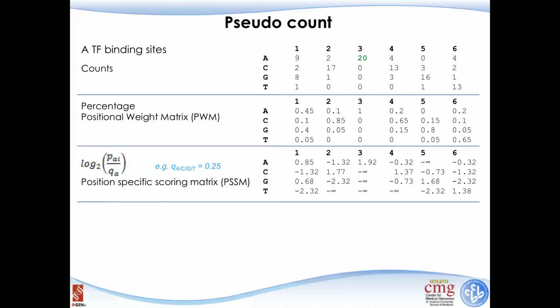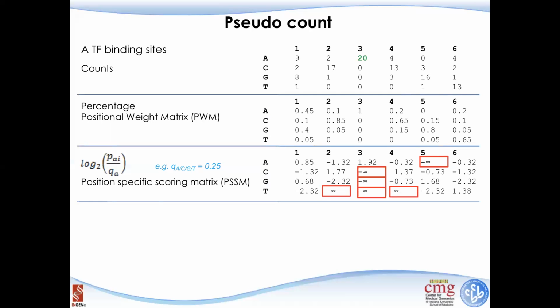Then we get the positional weight matrix like this one. Some frequencies are 0 or 1. Then when we use the scoring matrix, when you do the log2 log ratio, you can see those zeros will be negative infinity.